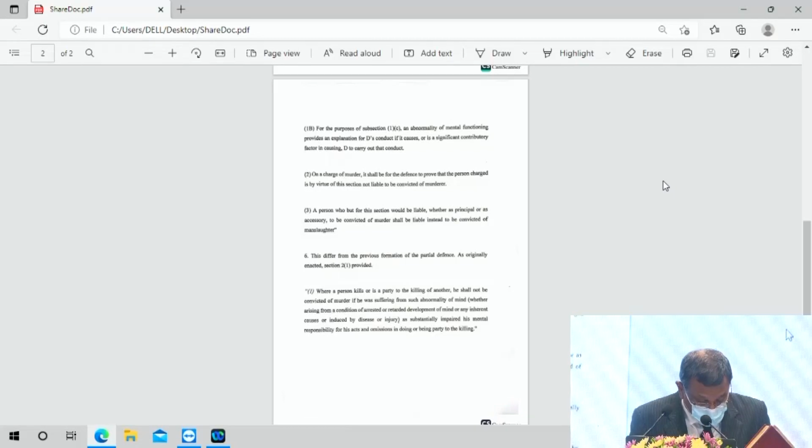1A, those things are: the person, the killer, had to understand the nature of his conduct. B, to form a rational judgment. C, to exercise self-control. So that is what it means by those matters that substantially impaired his ability to form a rational judgment in relation to what he was doing.